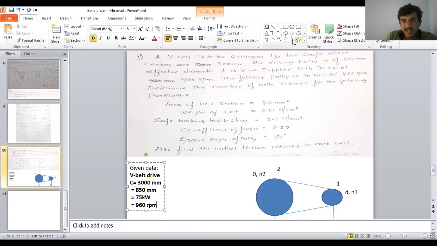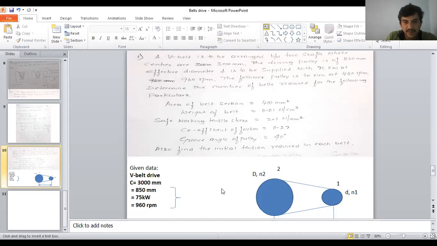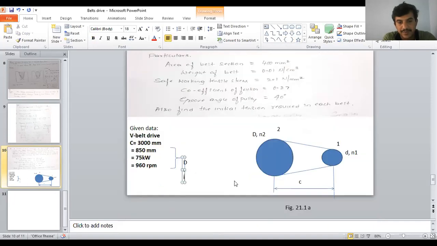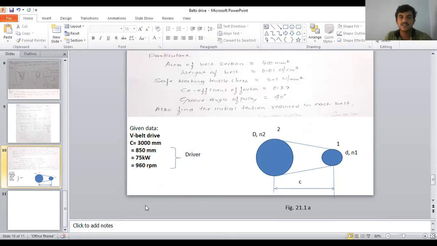Now these three data are related to what? Related to a driver. But I don't know which one is driver, smaller pulley or larger pulley. That I don't know. Just these three data are related to the driver.